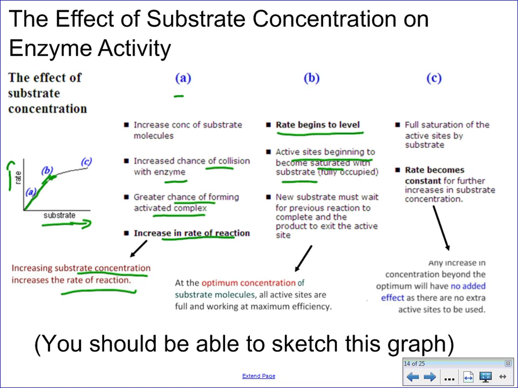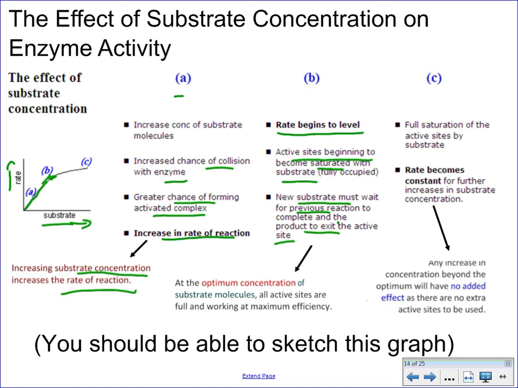So basically, new substrate must wait for a previous reaction to complete and the product to exit the active site. And once that active site is open, then another substrate can bind. You can think of it as all the enzymes are busy. Any substrate in solution has to wait until an enzyme becomes available.